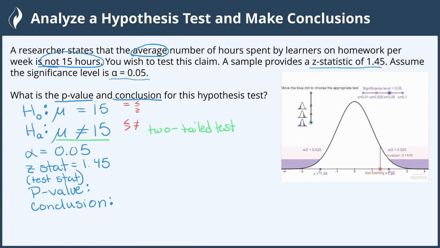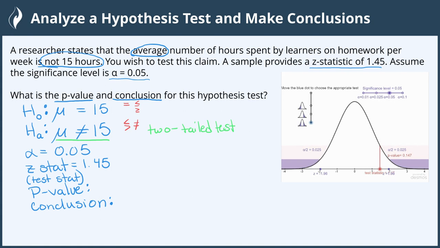And I can't see the numbers, so I'm going to change the tail of the test a little bit just to move it out of the way. Now I can get it into 1.45 and change it back to the two-tailed test so that we can see all of our numbers. We can see that the p-value is 0.147 and our z-statistic and critical value are below.